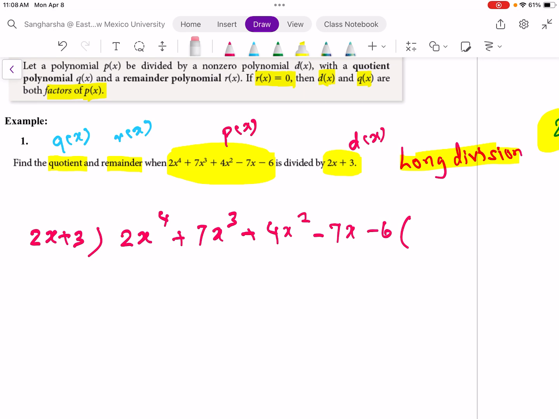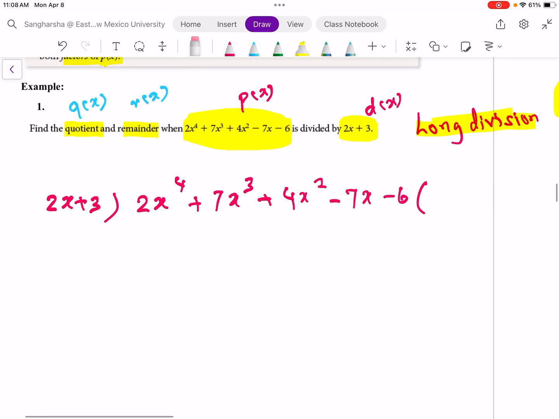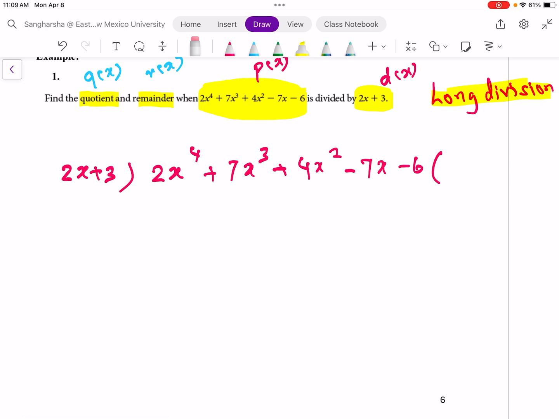Now how do we find the quotient? Have you done long division before? Here the very first thing that you need to check is that you have to write your polynomial and divisor in the descending order of exponent of the variable. Let's double check. Our divisor is 2x plus 3.